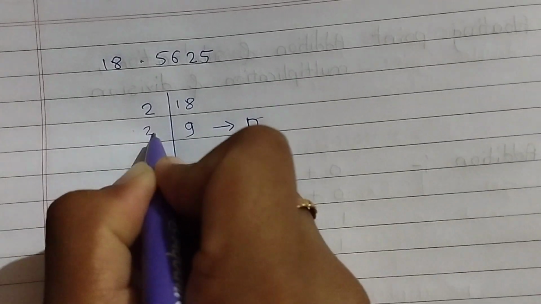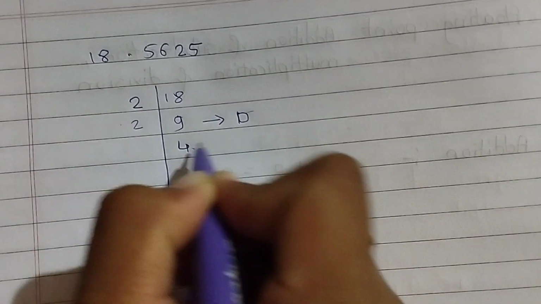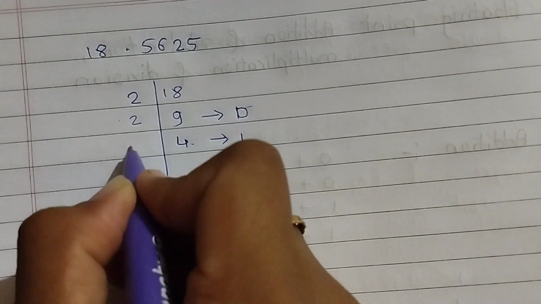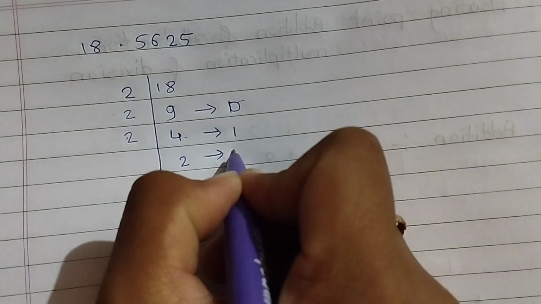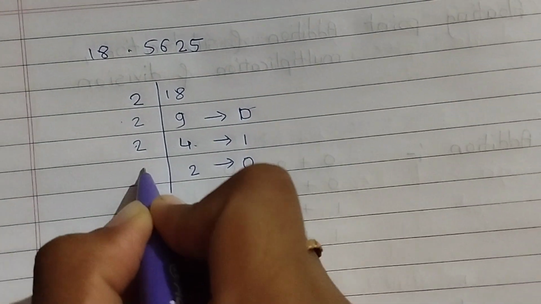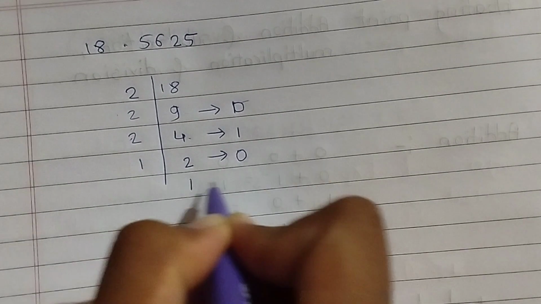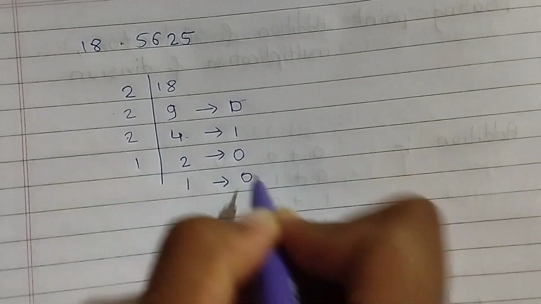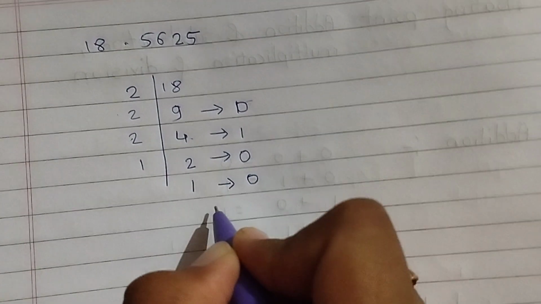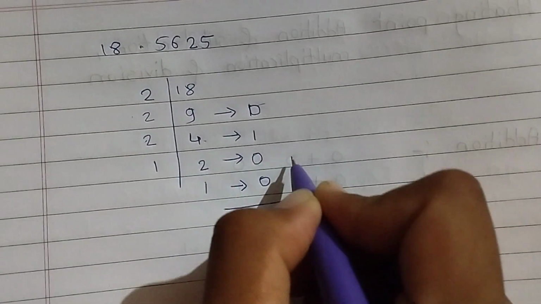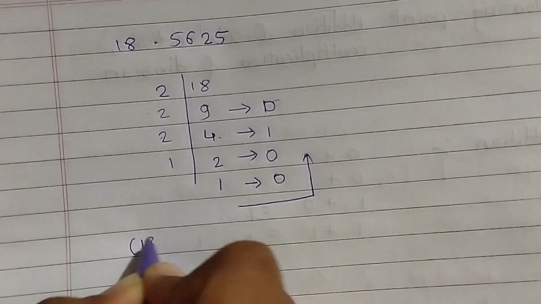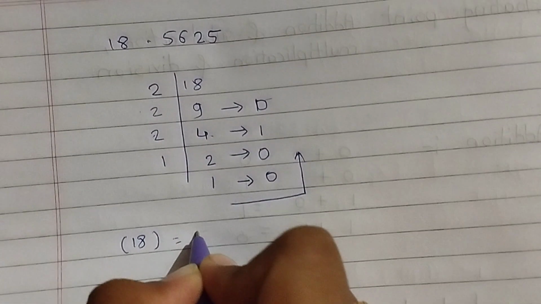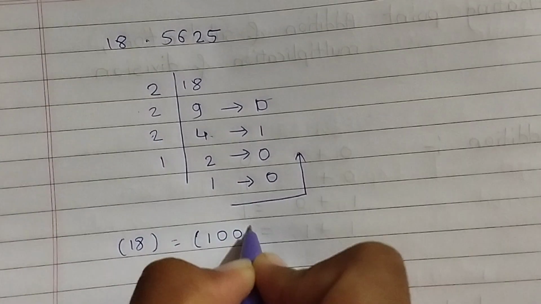Again divided by 2, here is the 4, quotient is 1. Again divided by 2, 2 2s are 4, so remainder is 0. 1, 2 1s are 1, and remainder is 0. Go from bottom to up. So the binary number of 18 is 10010.